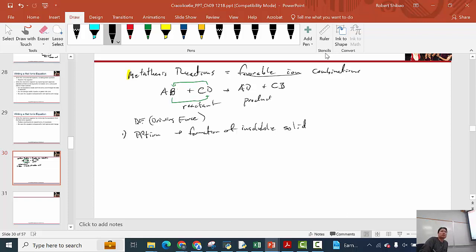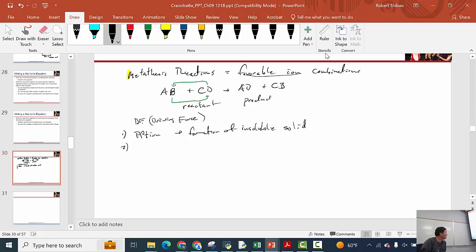The bonds are these electrical forces we call electrostatic or coulombic forces. And if they're strong, then the solid won't dissolve. Or the reverse of that is if those ions encounter each other, they'll come together and bond with one another to form an insoluble solid. We can precipitate to form a solid.